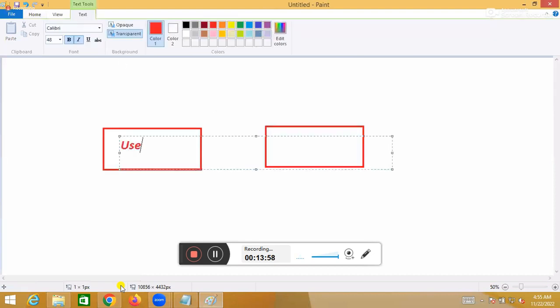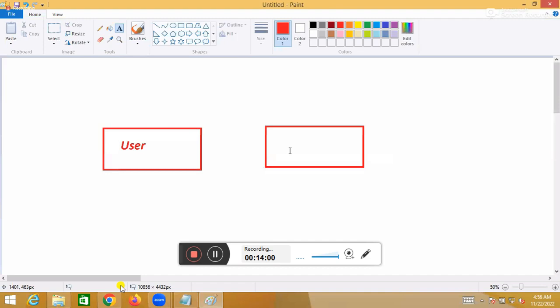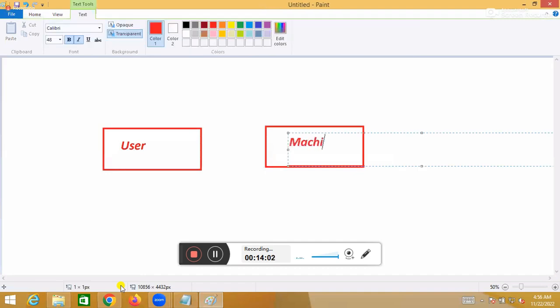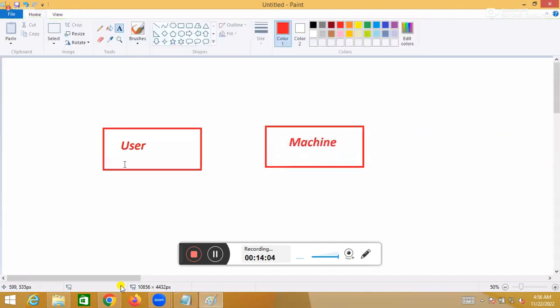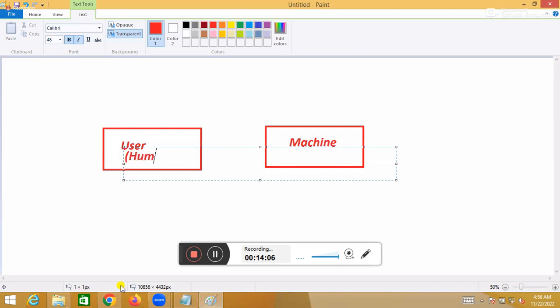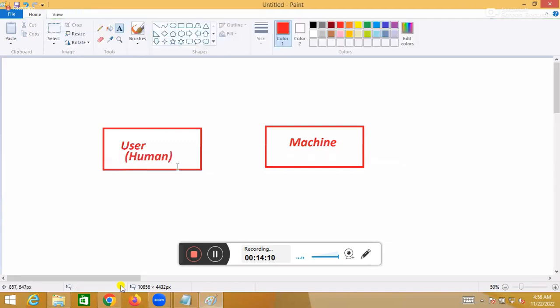here, user and machine. You can say human. Users means we people who use, who develop, and so on. And users will understand some languages.